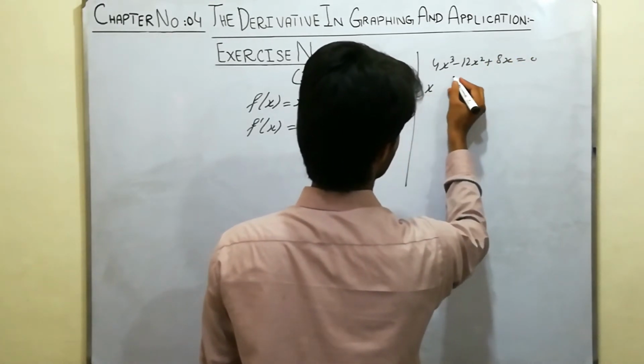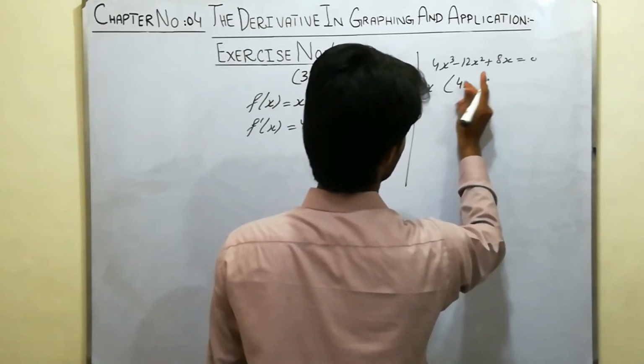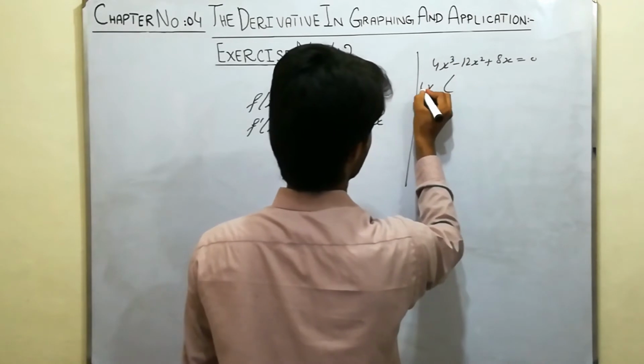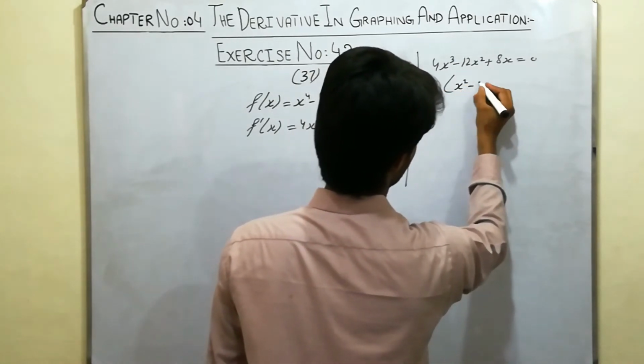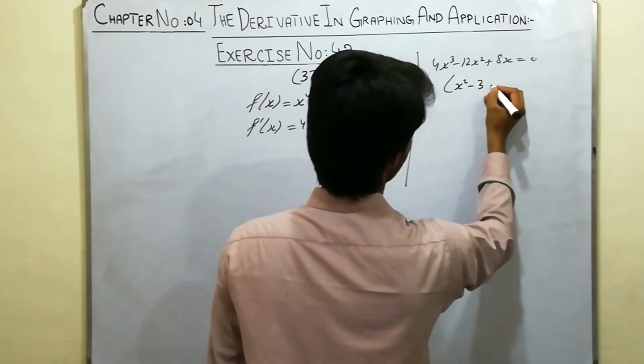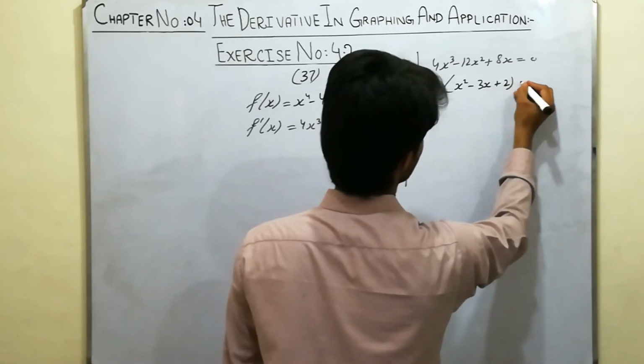So we have 4x cubed minus 12x square plus 8x is equal to 0. Take 4x common, so we have x square minus 3x plus 2 is equal to 0.